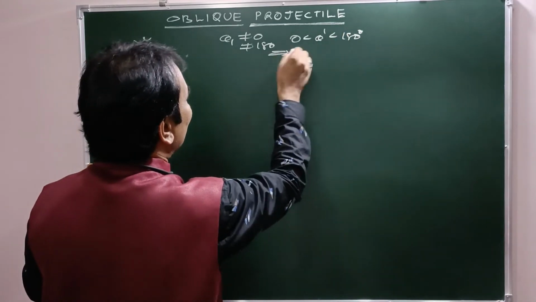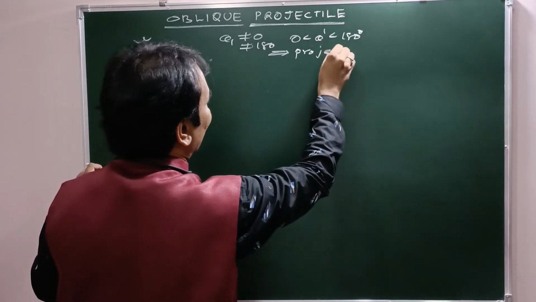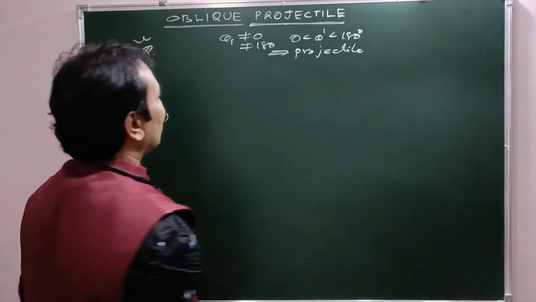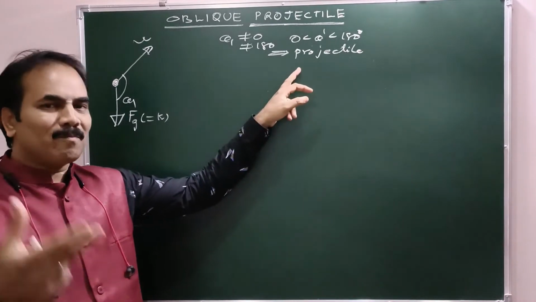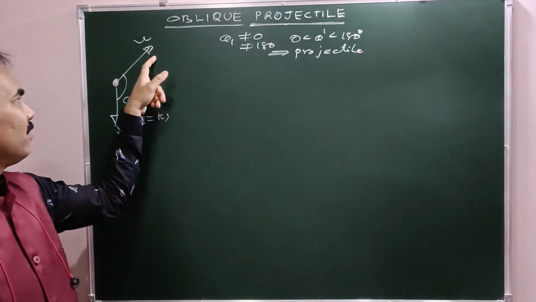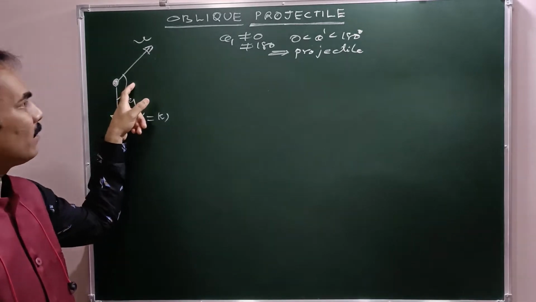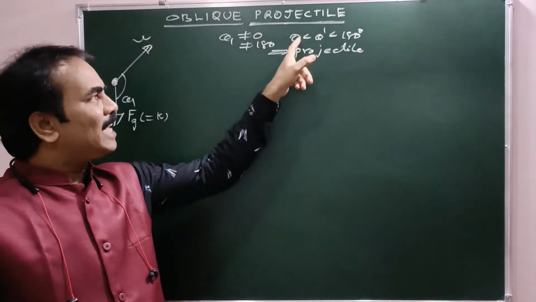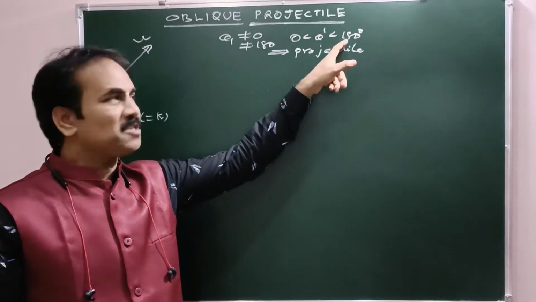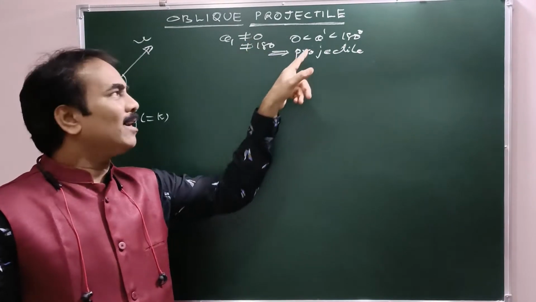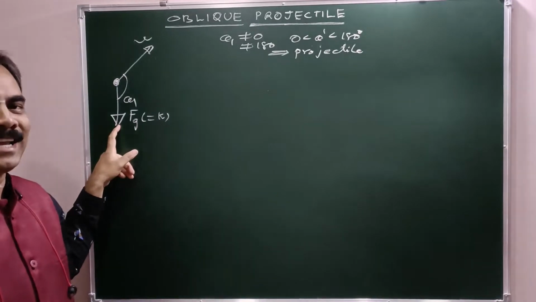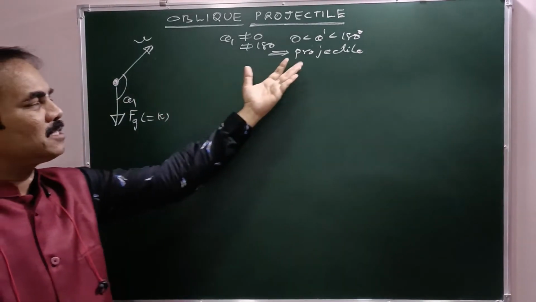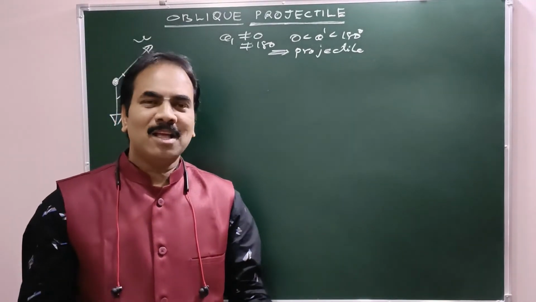Then it is nothing but a projectile. When we say that a body is a projectile, it is projected with some initial velocity such that the velocity makes an angle between 0 and 180 with the constant force acting on that body. Then that body is known as a projectile and its motion is known as projectile motion.